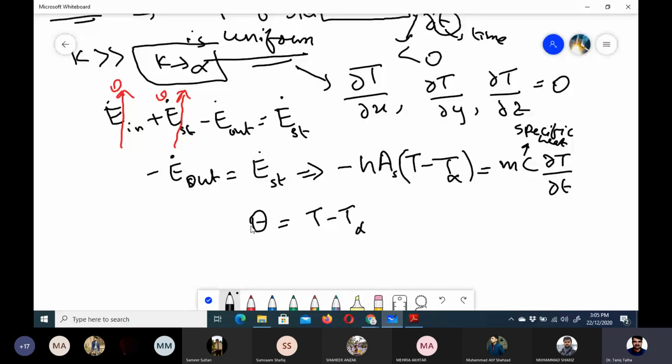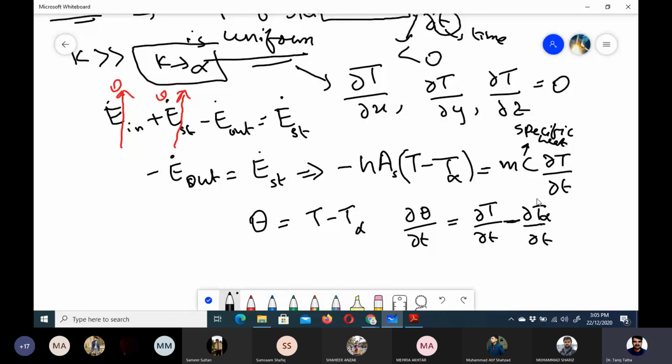If we take the derivative of theta with respect to time, then partial theta by partial t would be equal to partial T by partial t minus partial T infinity by partial t.